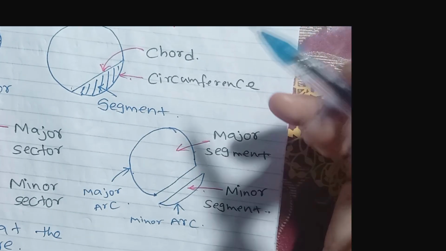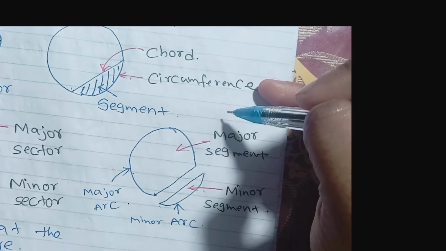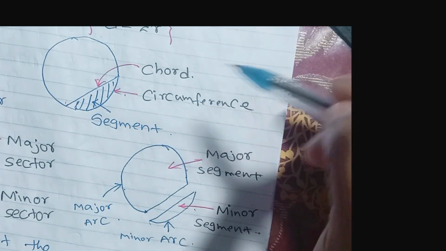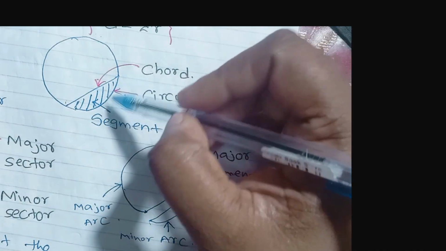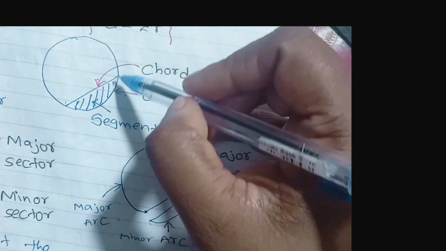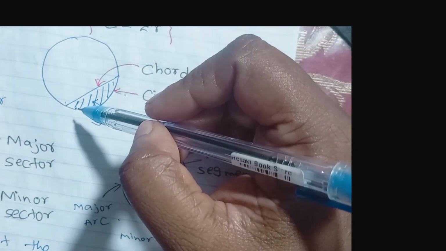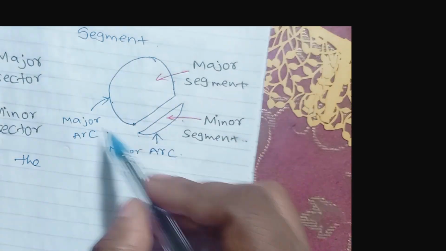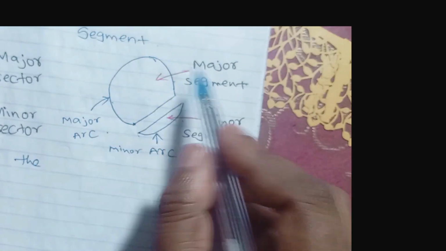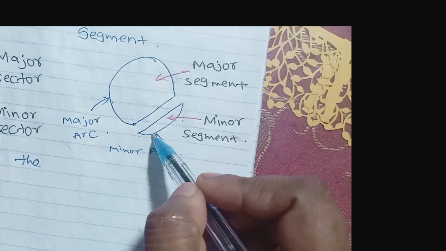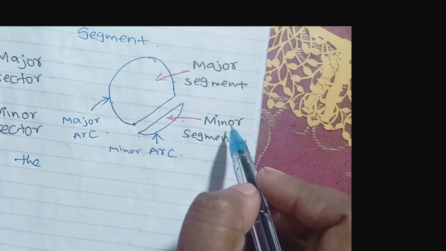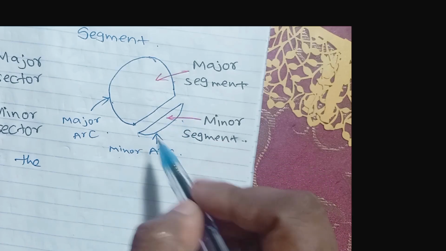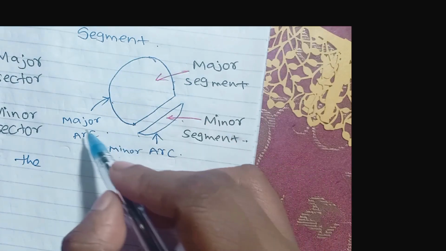Okay, when you consider the segments, you have to keep in mind that the region bounded with the chord and the arc is called a segment, right? In the segment also, the large piece of the segment is the major segment and the small piece of the segment is the minor segment, and this small line we can call the minor arc and the large line is called the major arc.